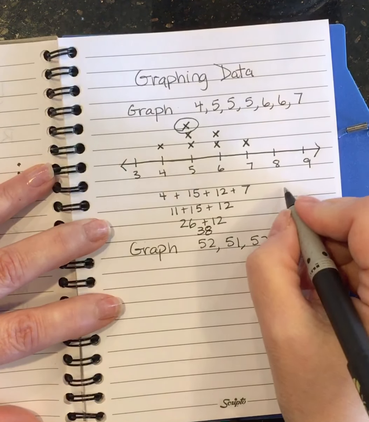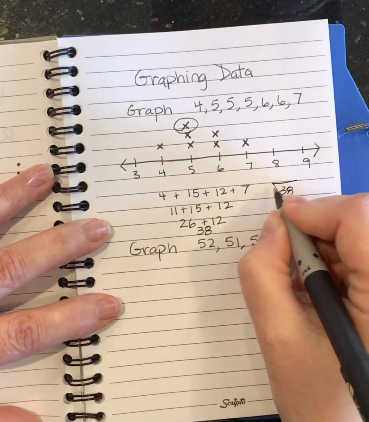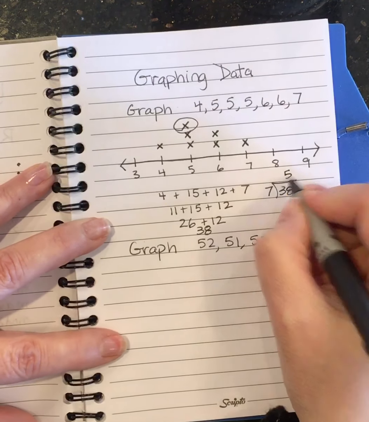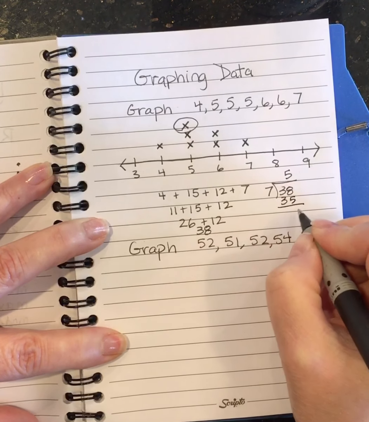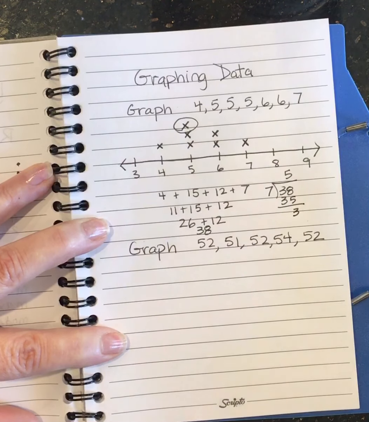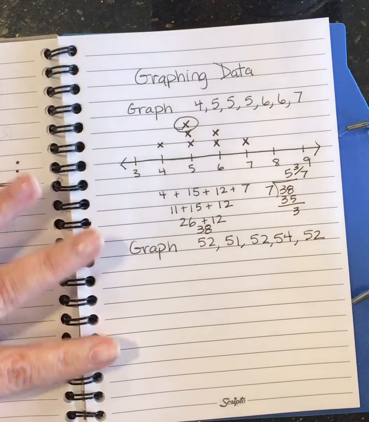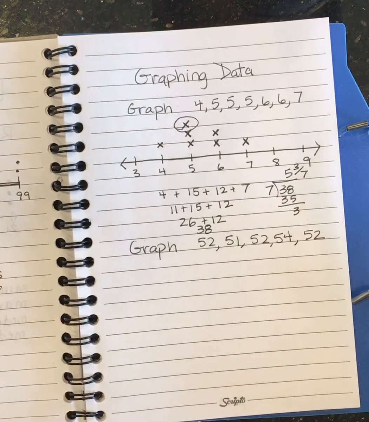Remember, there were 7 numbers. I'm going to do 38 divided by 7. I know that 7 times 5 is 35. So I know that I have 5 and 3/7. And then I can convert that to a decimal if I wanted. But for time's sake, we're going to leave it fractional.